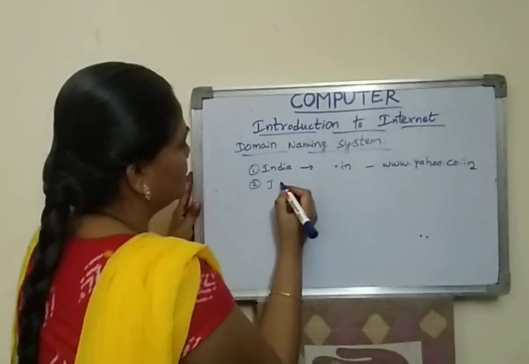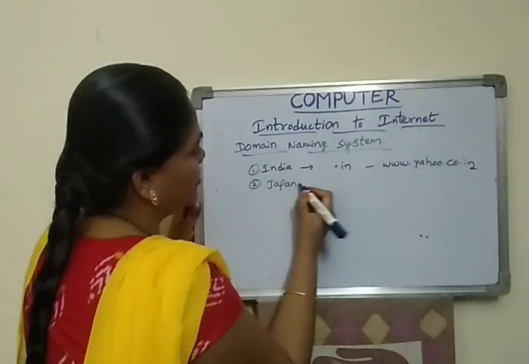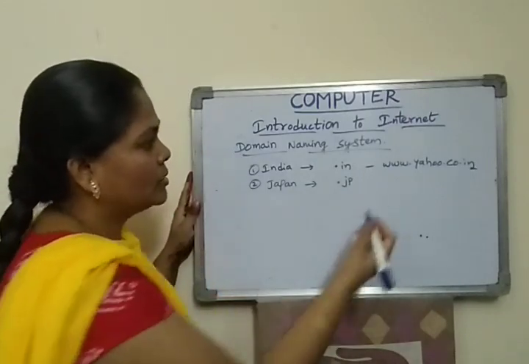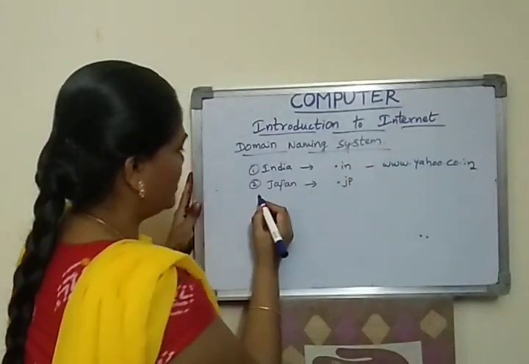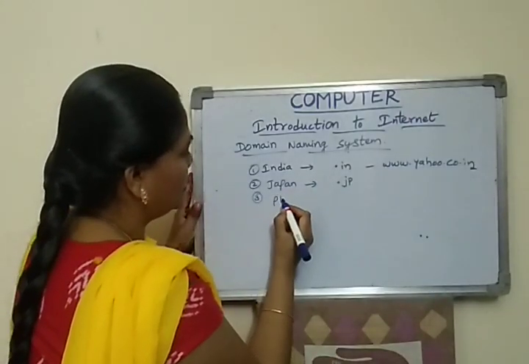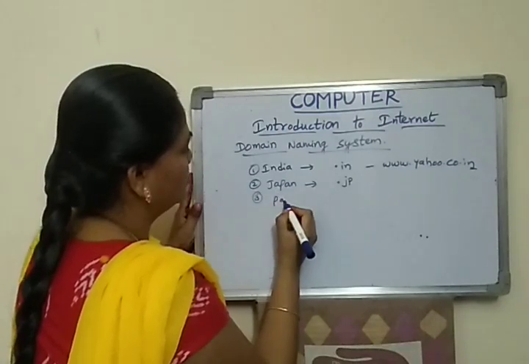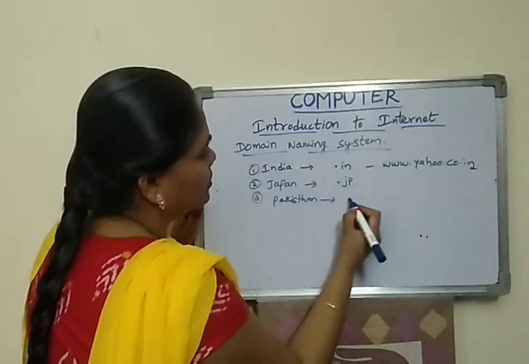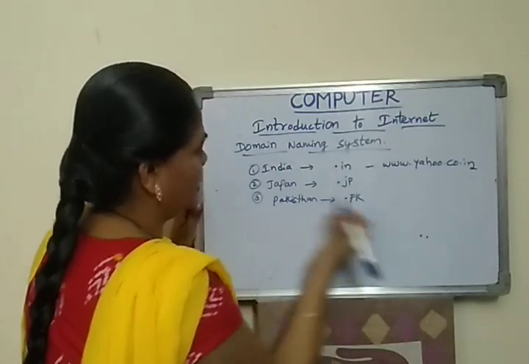Next one, Japan. If it is Japan, it gives .jp. The name and .jp will be given. Third, Pakistan. The extension is given as .pk.